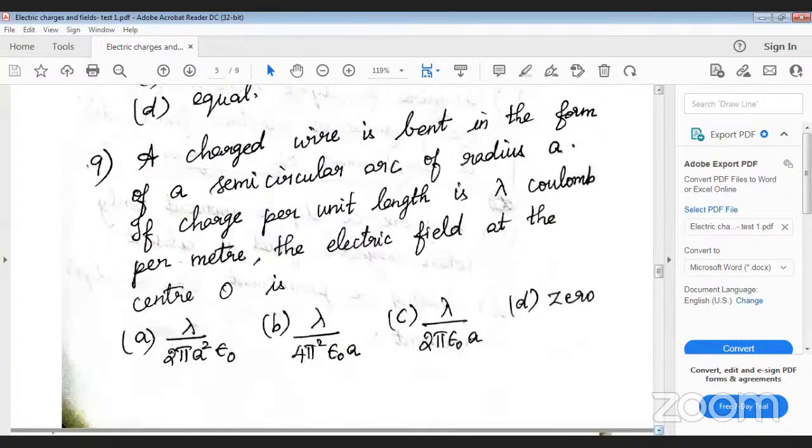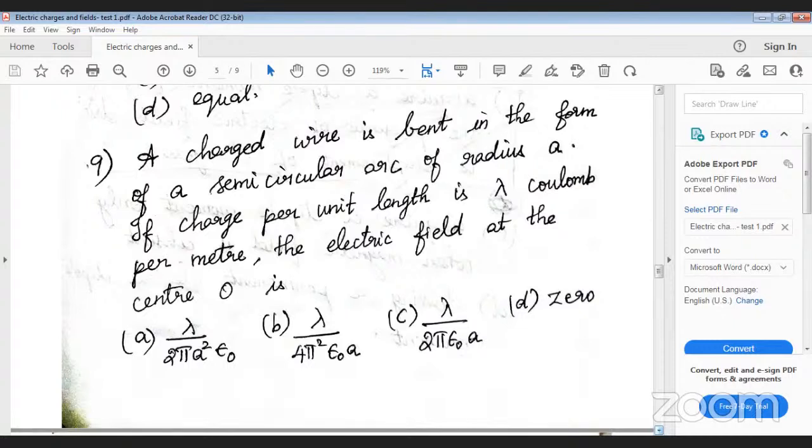Question number 9, you can see here. So you have to use continuous charge distribution concept here. So here you see the charge wire is bent in the form of a semicircular arc of radius A. If charge per unit length is lambda coulomb per meter, then the electric field at the center O is.